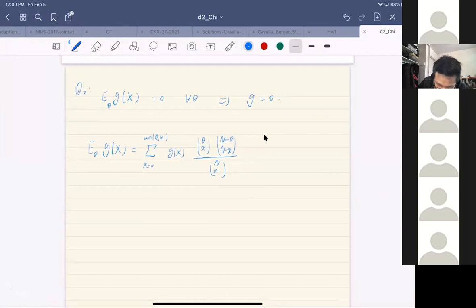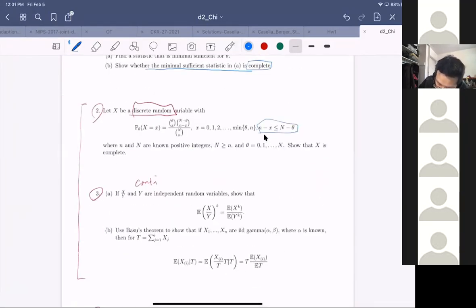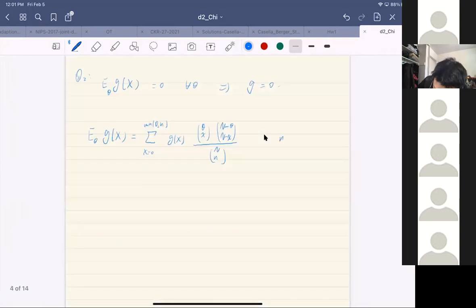And we have some condition on the... I think it's not a matter. Okay. So the way we do that is, this is a function of theta.